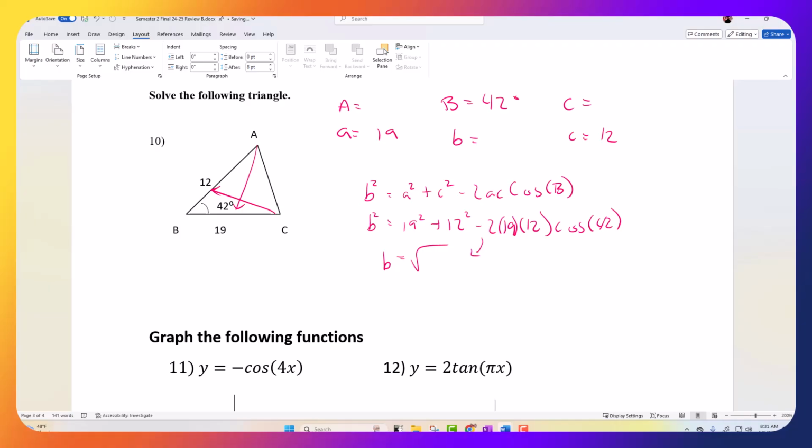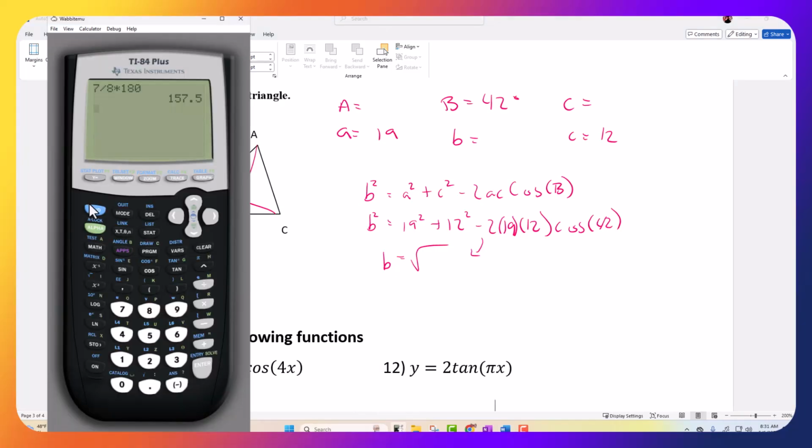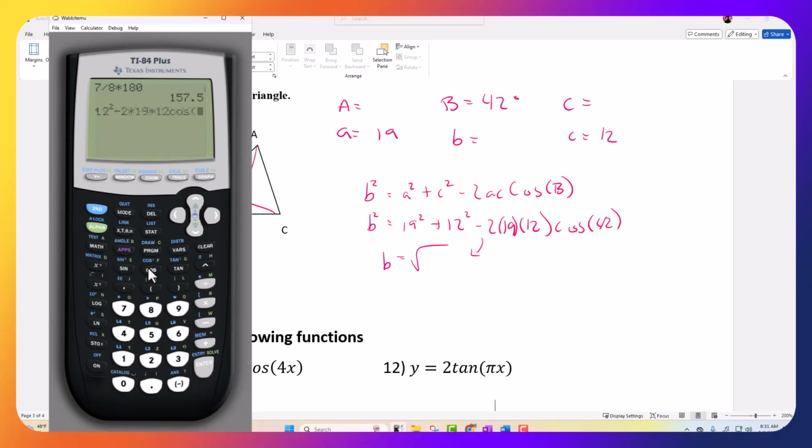So let's grab our calculator and see if we can get that calculation put in. We'll start with 19 squared plus 12 squared minus 2 times 19 times 12 cosine of 42.